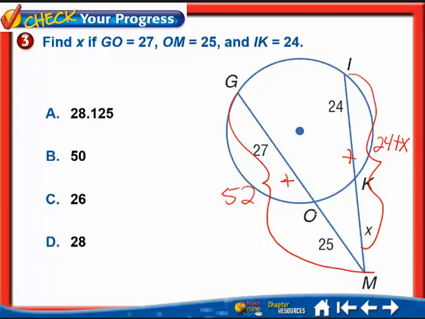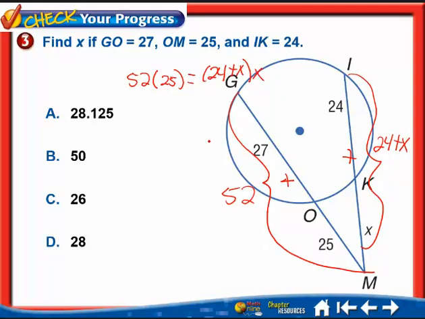Okay, so now if I set this all up, I should have the whole thing times the outside portion equals the whole thing times the outside portion.